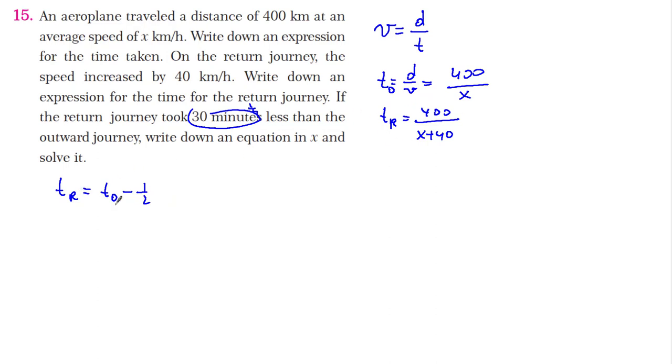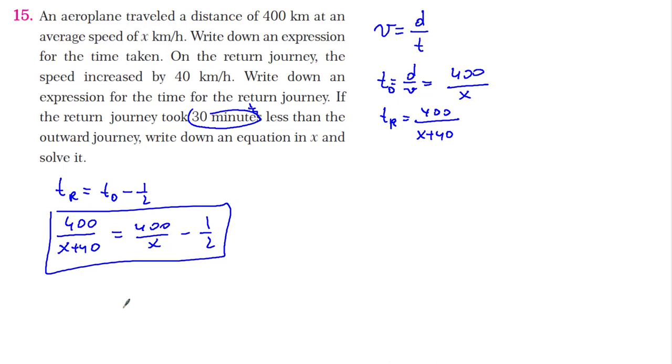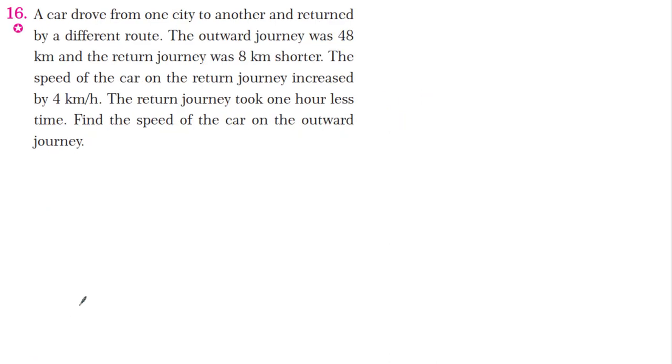We got an expression for the return journey: 400 over x plus 40. And the outward journey is 400 over x. All this minus 1 over 2. Just like previously, solve this equation and analyze the two cases, whether those make sense.